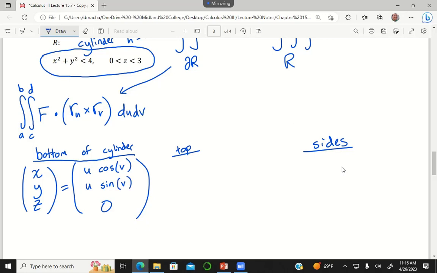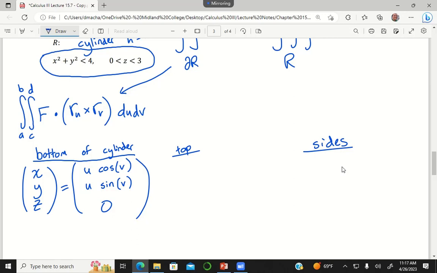But since this is a disk that we're going for, the bottom of the cylinder being a disk, what I'm thinking is we'll pretend like my parameter u is like the distance from the origin, right? And then my parameter v is going to be the angle from the x-axis. And so we're kind of doing a polar coordinate conversion. I just renamed my parameters.